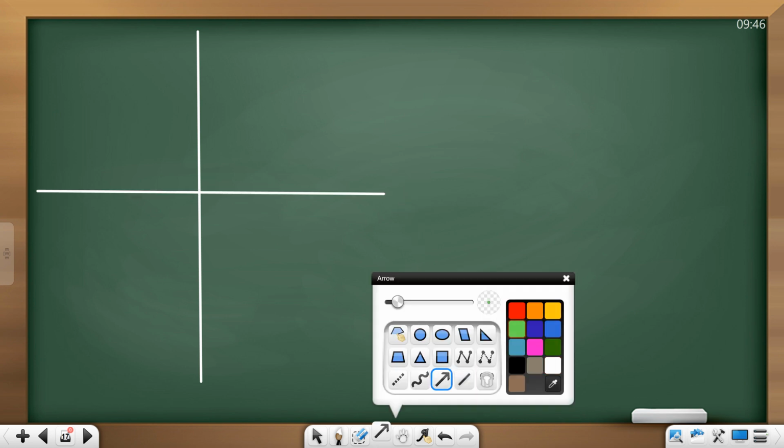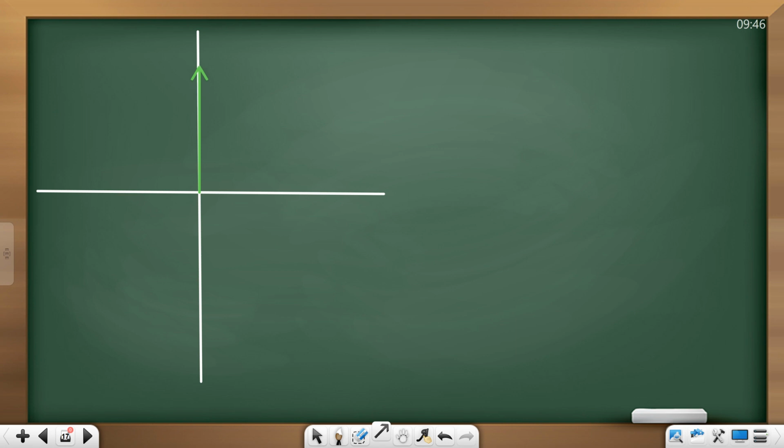Let's see. 15 newtons, 8 newtons, 3 newtons. We start from simple ones, guys.